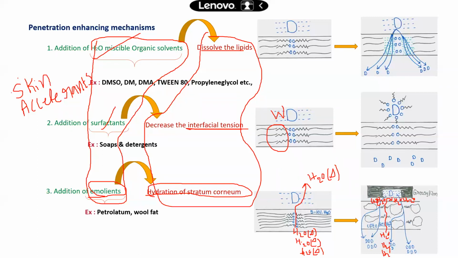Penetration enhancers are also called skin accelerants. Acceleration means enhancement of penetration of the drug through the skin, and skin means stratum corneum. With this, the penetration enhancing mechanisms and agents are completed.